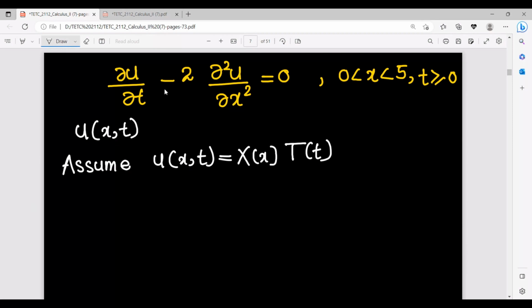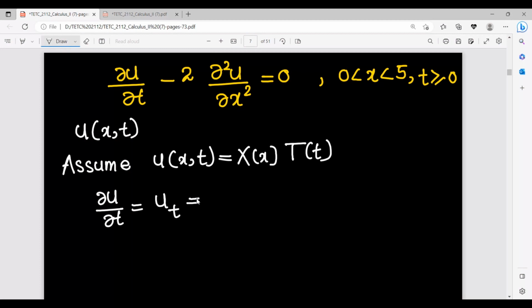Then the derivatives that we need are the partial derivative of u with respect to t and the partial derivative of u with respect to x twice. Try to obtain the expressions for these two, ∂u/∂t, which we can write as u_t as well.